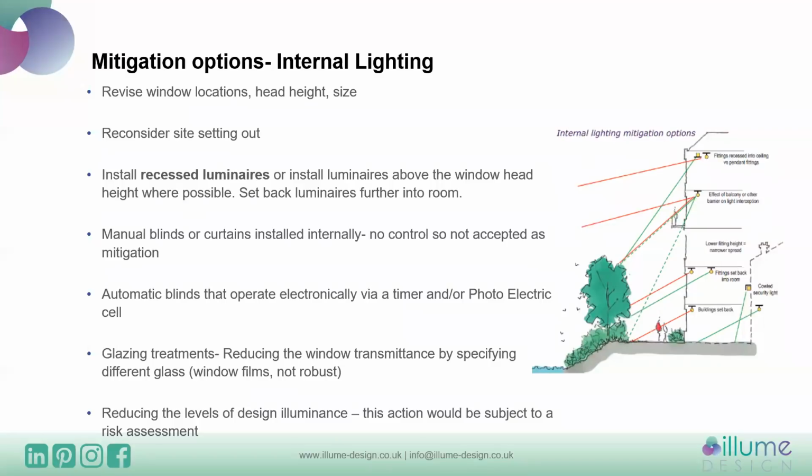There's also consideration to blinds, but unless they're automatic and in a type of installation such as commercial, where it can be ensured that this will be continued to be used, they're normally not really accepted as a mitigation measure. Glazing treatments is another option, so reducing the window transmittance by specifying a different glass, and this should be built into the glass itself rather than using window films, as they're also not very robust.